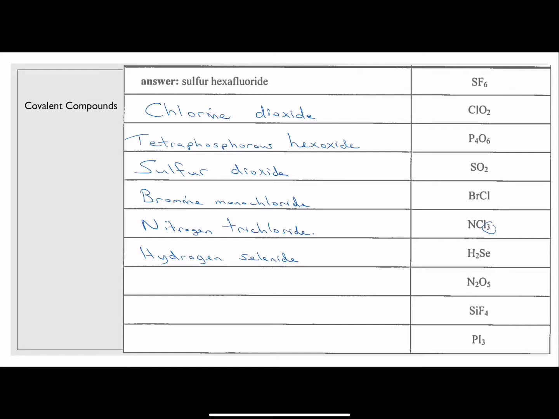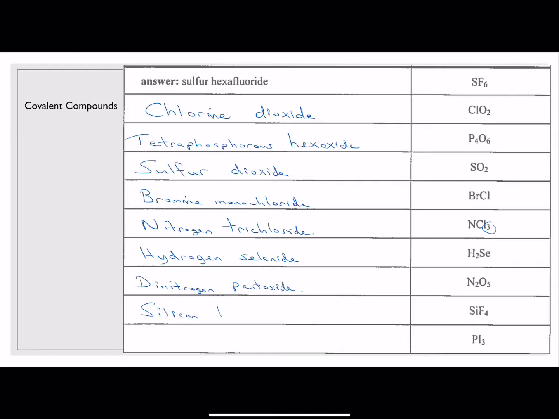Hopefully by now you're getting the hang of it, so it's going to be dinitrogen, and the prefix for 5 is going to be pent, so pentoxide.